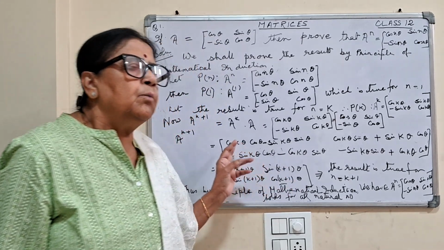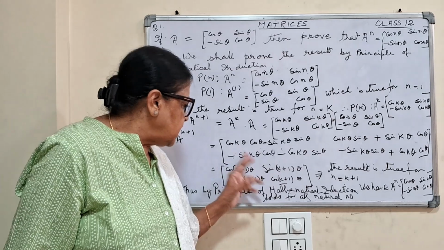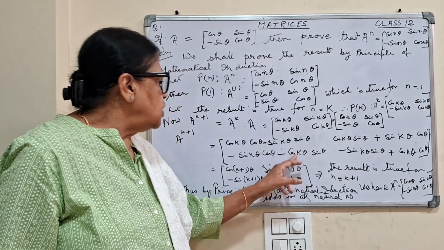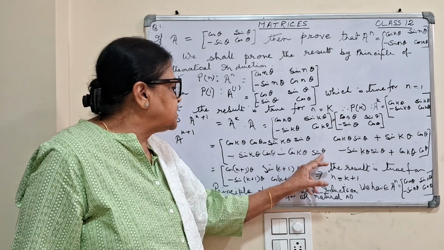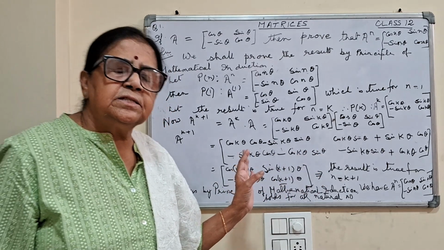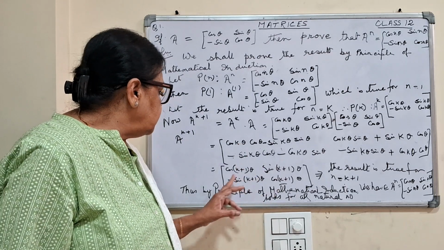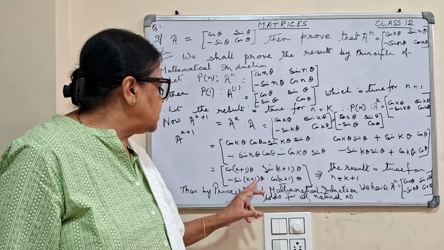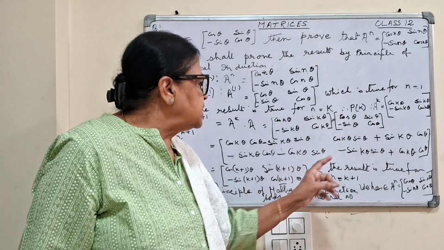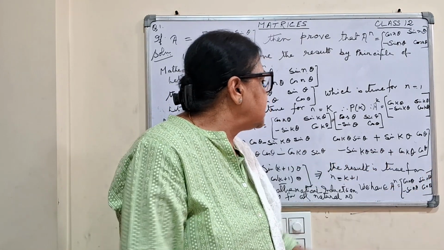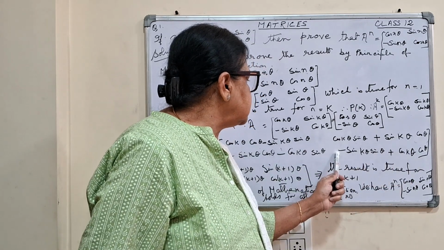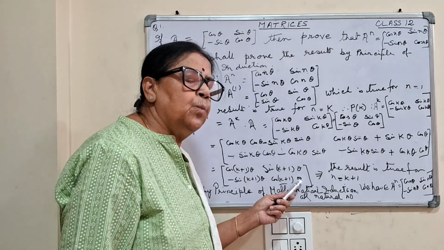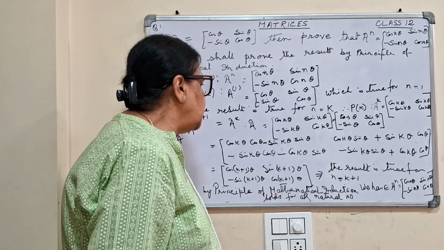Then what do I get? I get sin k theta cos theta plus cos k theta sin theta. Whose formula is this? Sin A plus B, because I have taken minus sign out, then minus sin k plus 1 theta. Similarly, this is cos k theta cos theta minus sin k theta sin theta. It is cos k plus 1 theta.